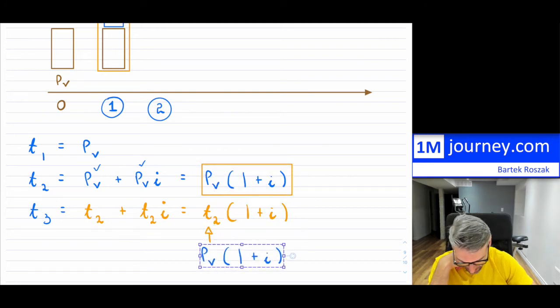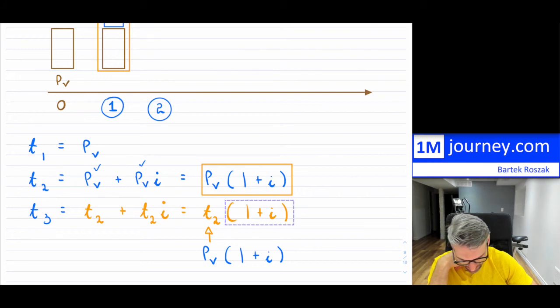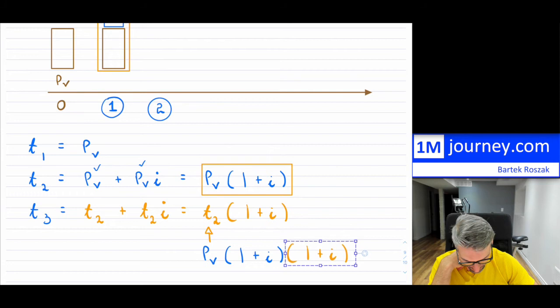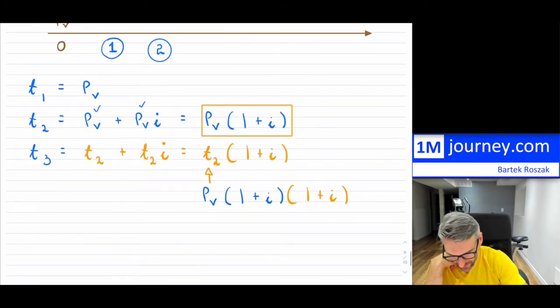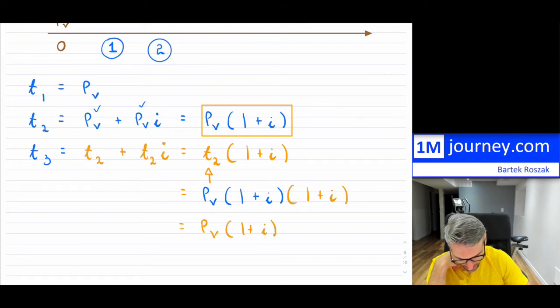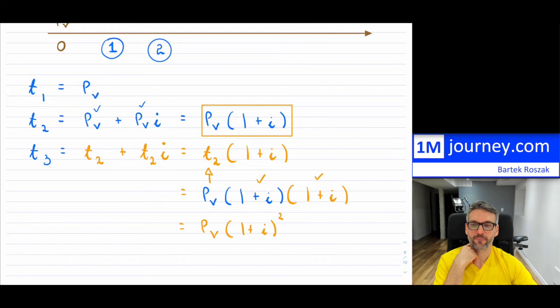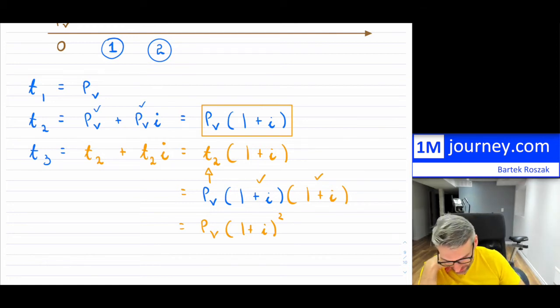That's my T2, and that's being multiplied by this. So this is now my T3. If I'm looking at this, then T3 is just equal to PV, 1 plus I, to the 2, because I have 2 of these factors. So that's my T3.